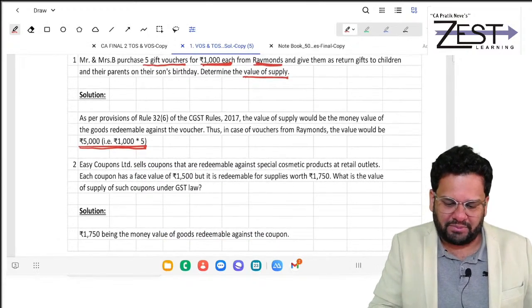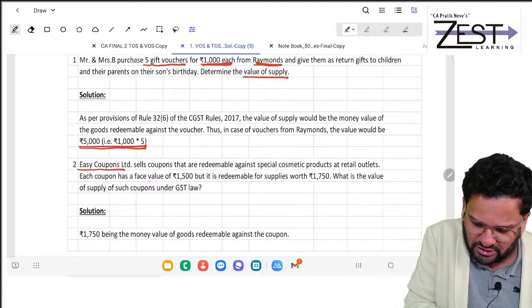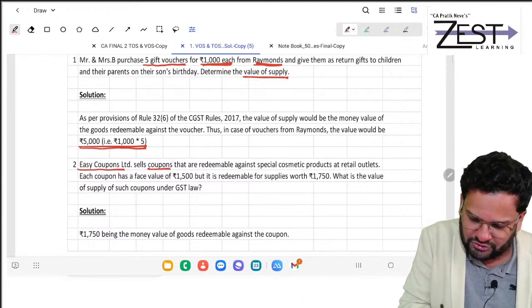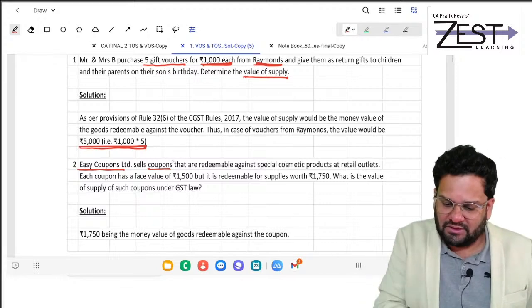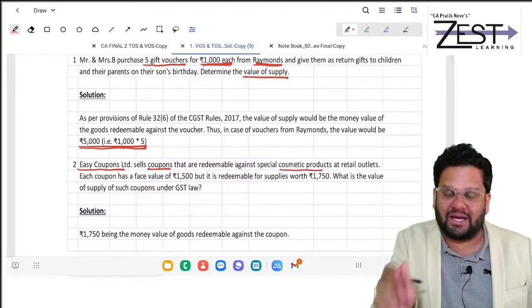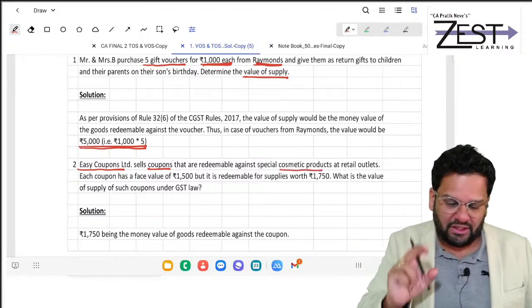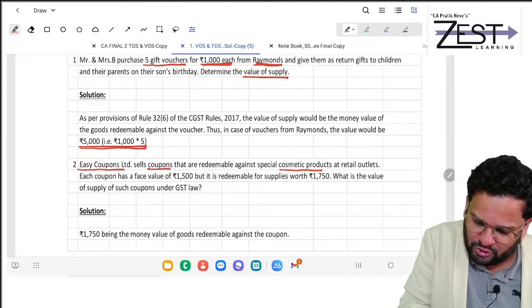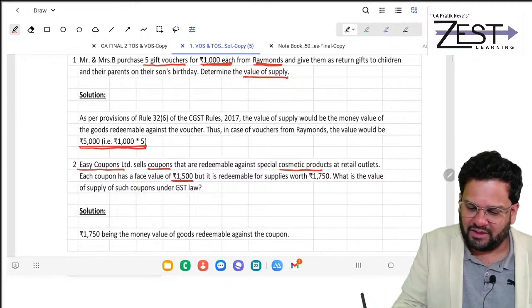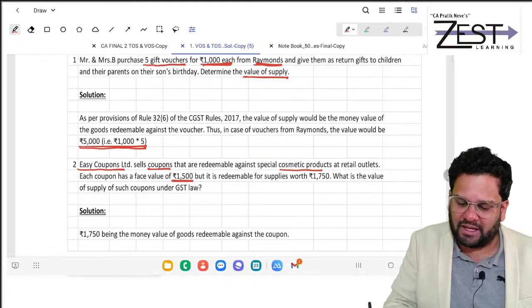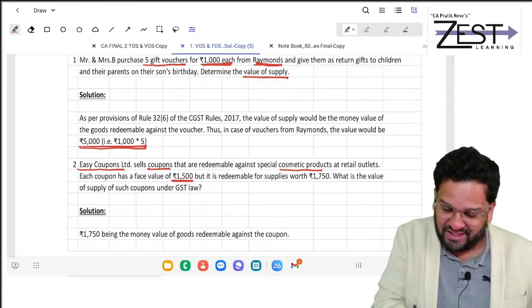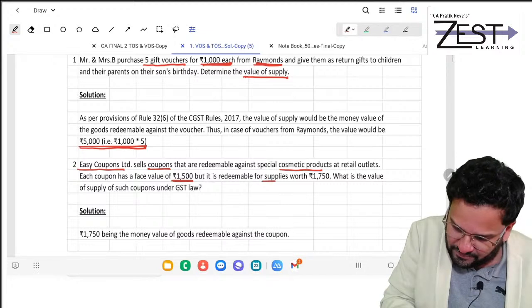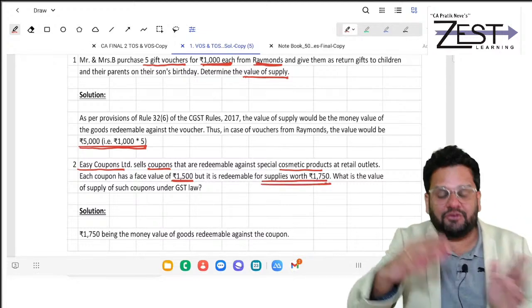And second example: Easy Coupons Limited sells coupons that are redeemable against special cosmetic products at retail outlets. Each coupon has a face value of 1500, but it is redeemable for supplies worth 1750. So it is redeemable against goods of 1750.